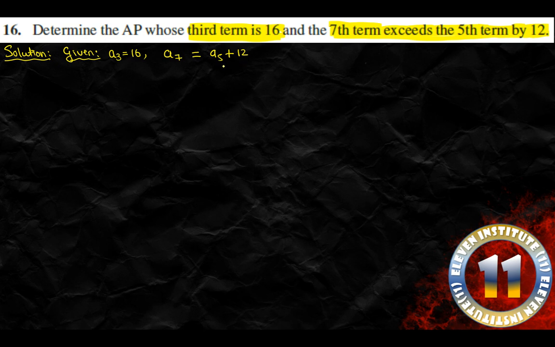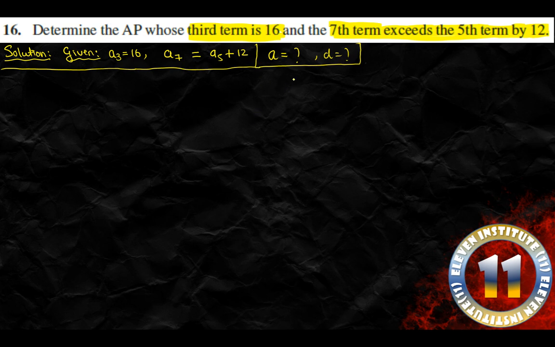Right, these are the two datas given to us, and what we have to do is determine the AP. And I have already mentioned, whenever it is told to determine the AP, indirectly we have to find the value of A and we have to find the value of D. These are the two things that we have to find.